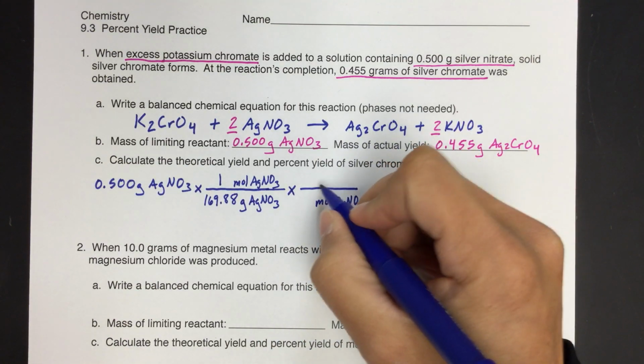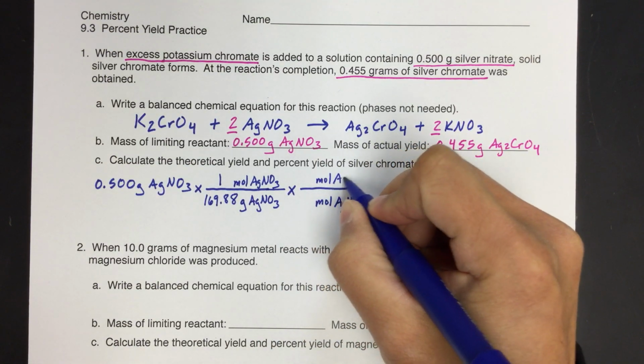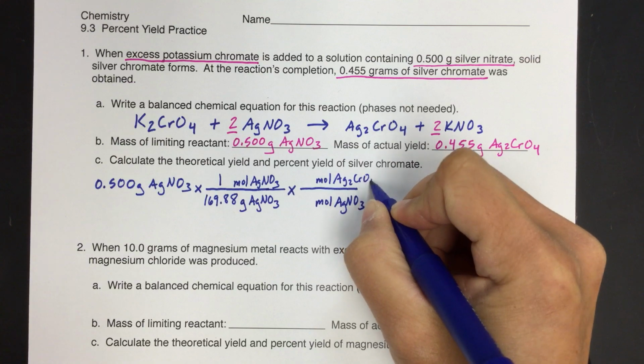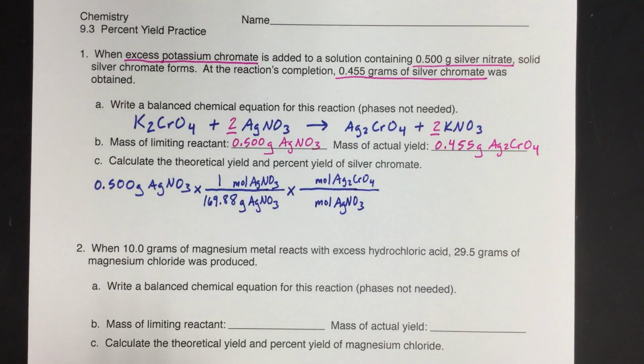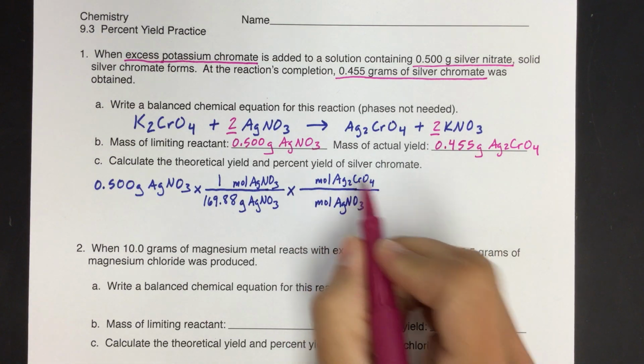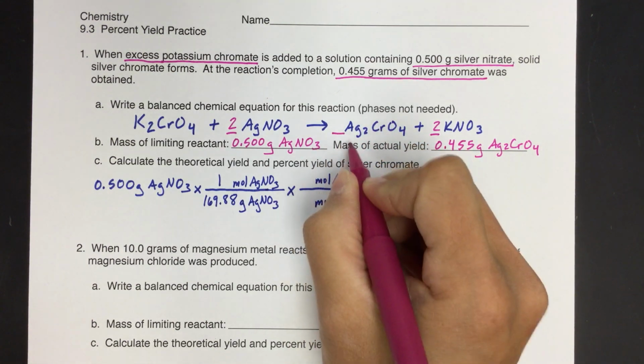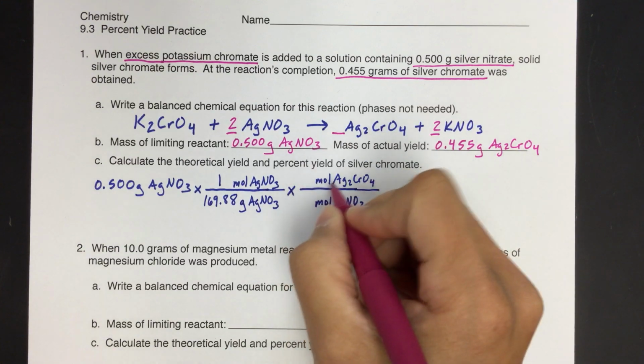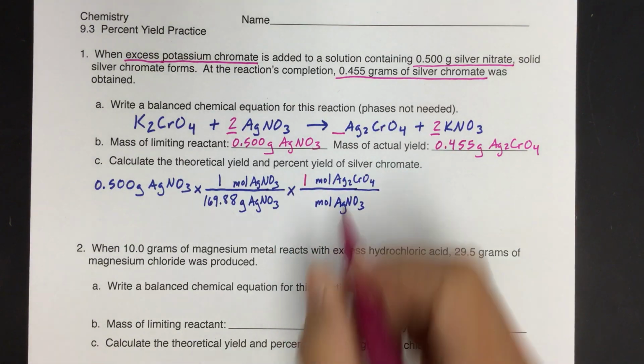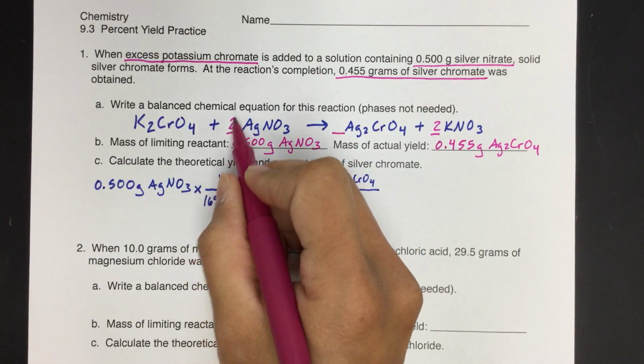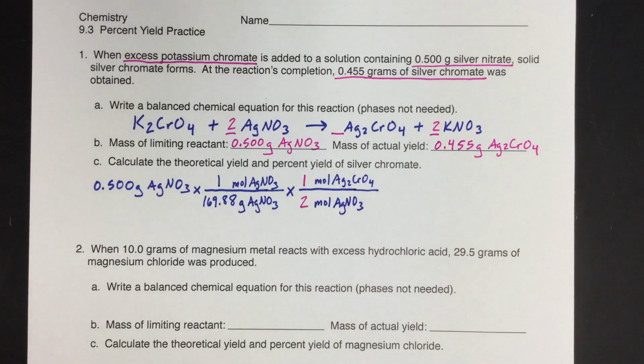And then I want moles of silver chromate in the top. And the way I get these numbers is from the balanced chemical equation. So silver chromate is here, and there's nothing there, so that means it's a 1. And moles of silver nitrate is here, and there's a 2. So I put that there.